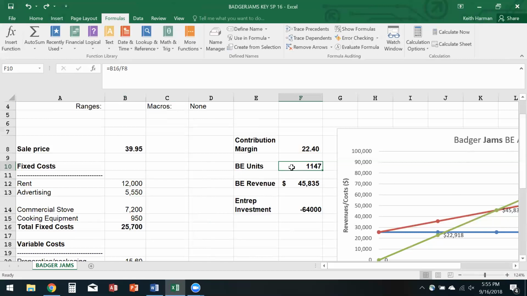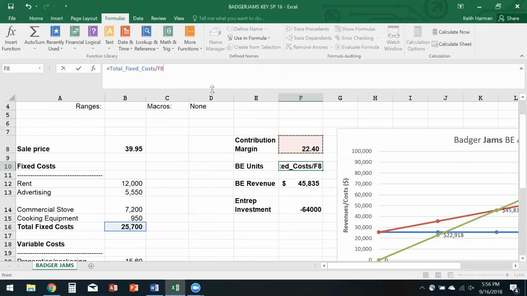I'm sorry. It's total fixed cost divided by contribution margin. I could say it, think it, but messing with this. All right. So I'm going to use in a formula the total fixed costs, and I'm going to divide that by the contribution margin.